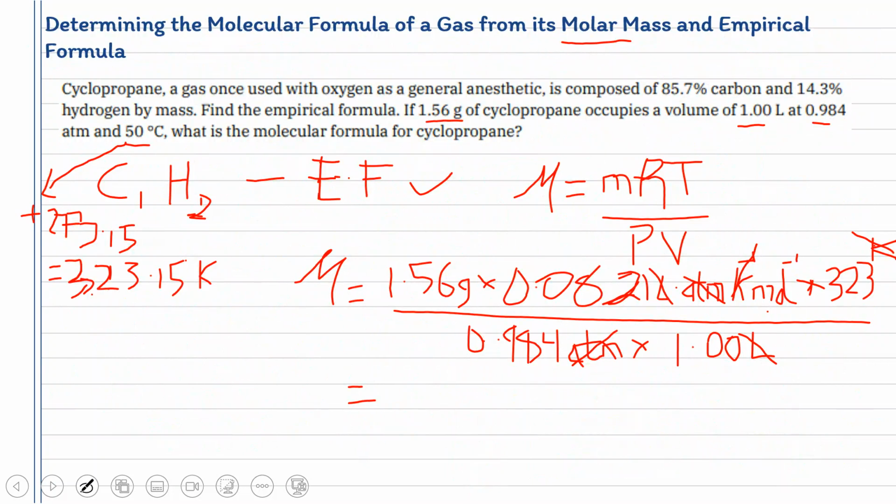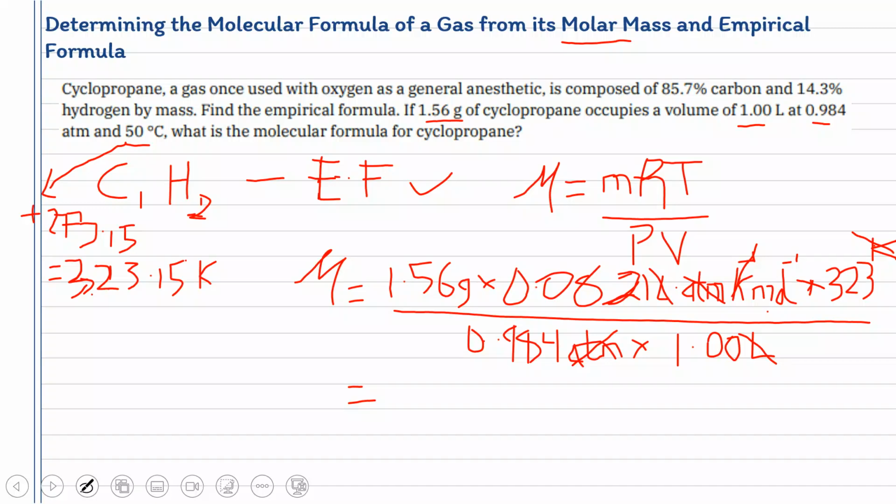My mass is 1.56 multiplied by my gas constant, which is 0.0821, multiplied by my Kelvin, which is 323.15, divided by what is my pressure?